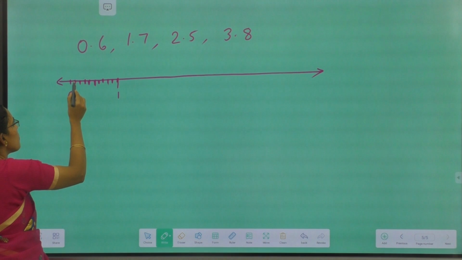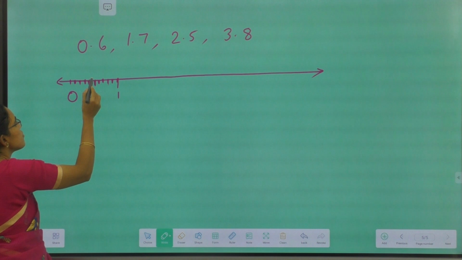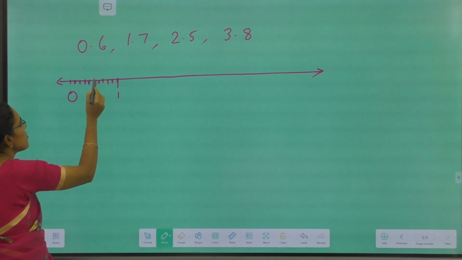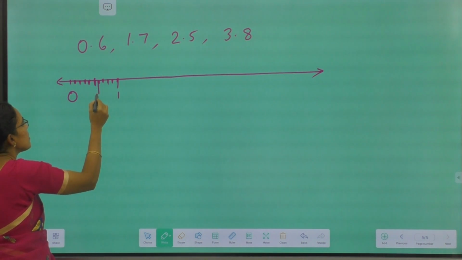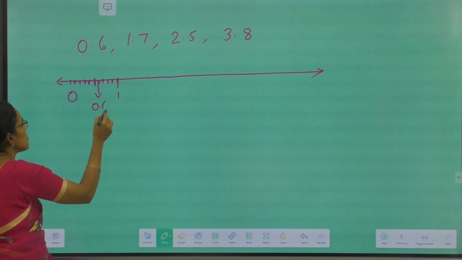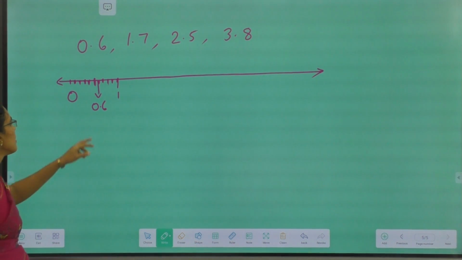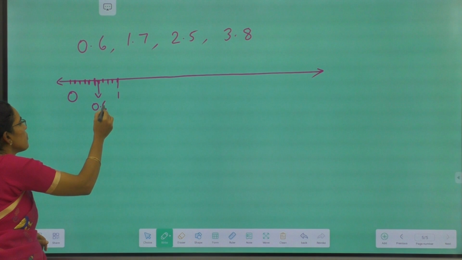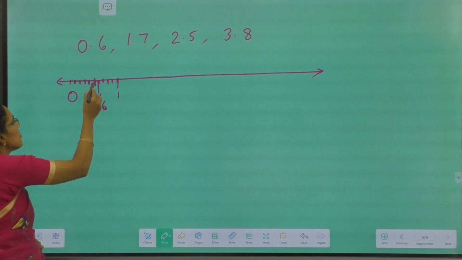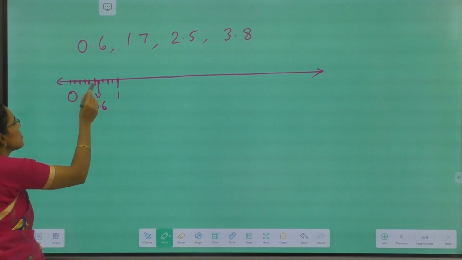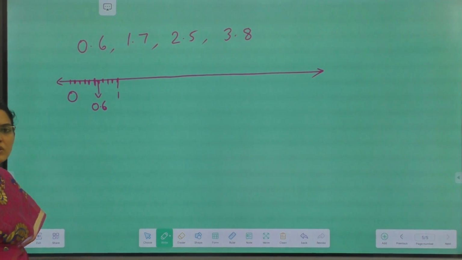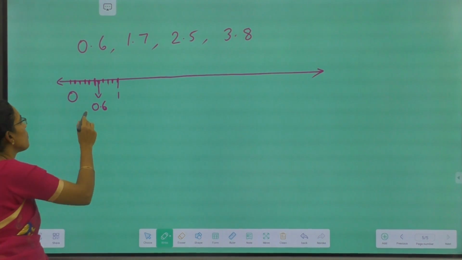First one 0.1, 0.2, 0.3, 0.4, the middle one 0.5, then this one represents 0.6. This mark represents 0.6, that is, after 0, the sixth small division.